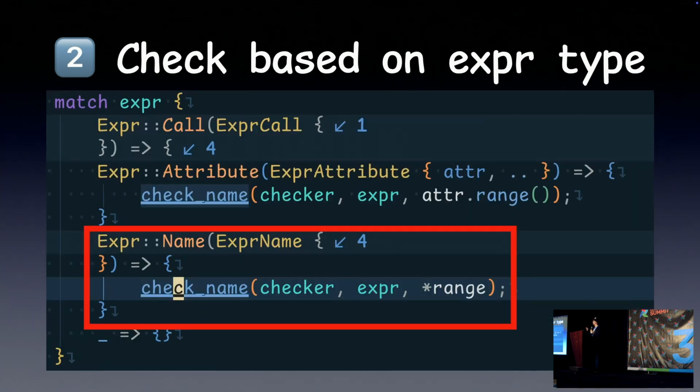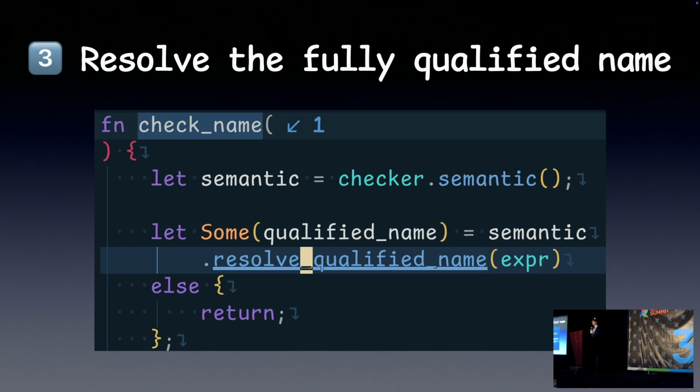In this case, we'll check which kind of expression it is. The first one checks the arguments of your function call, the second checks the attribute of your class or your instantiated object, and the third just checks the name you imported. So we later enter this function, and the first thing we do is try to resolve the fully qualified name.